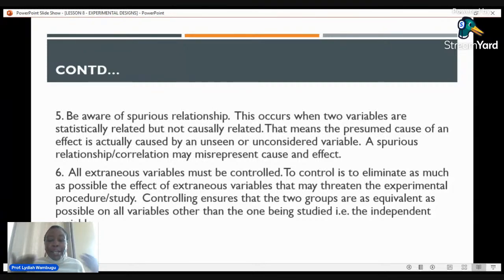They do not threaten your assertion that X causes Y. So again, the reason why you control is to ensure that the two groups are as equivalent as possible. Remember, we are not saying same because you can't have the same, but you want to ensure that the groups are as equivalent as possible.